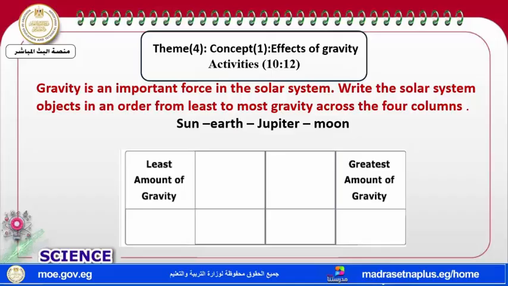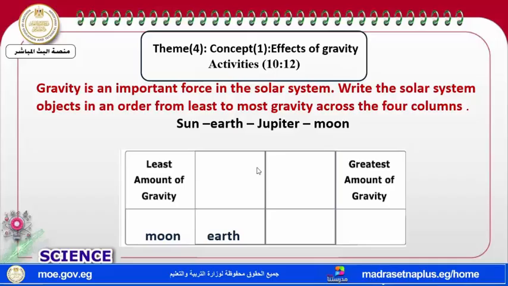Okay? So now we will look at the mass. Which one has the least amount of gravity? Yeah, my dear students, that's the moon. The next one, which is bigger? That's the earth. What's more?